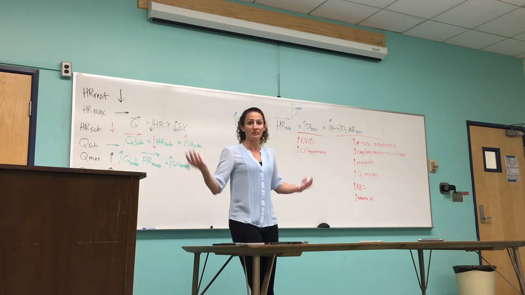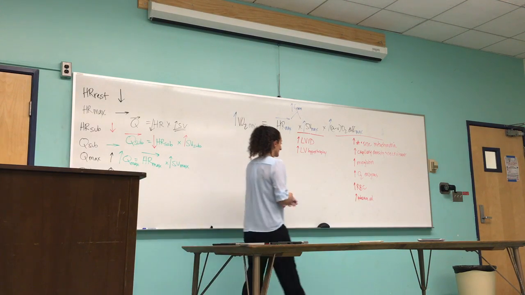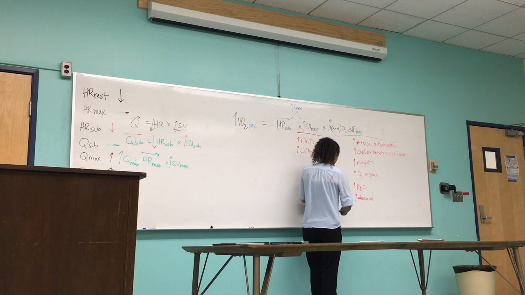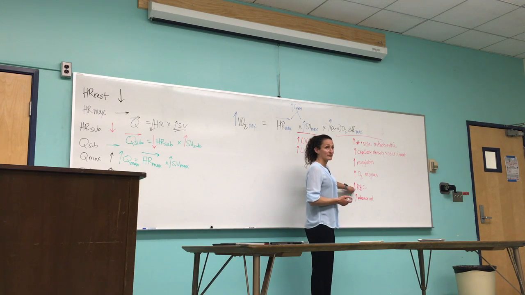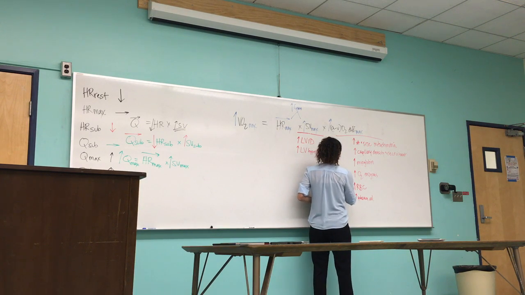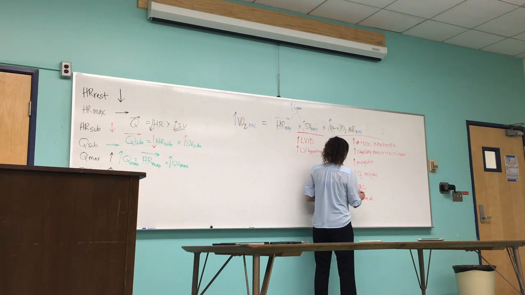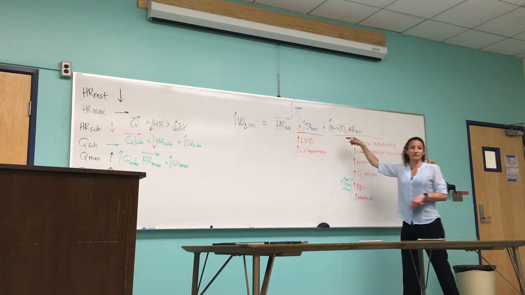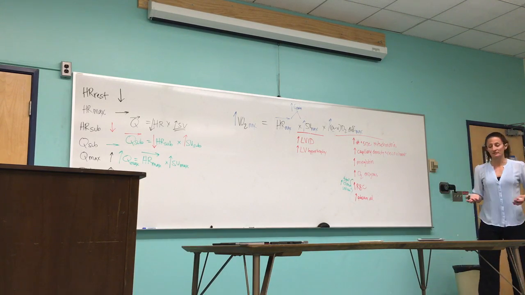Plasma volume and red blood cells also increase blood volume, right? So these two together will increase total blood volume, which is going to help us increase our AVO2 difference just by increasing blood flow to the muscle.